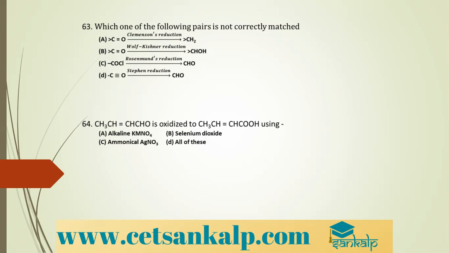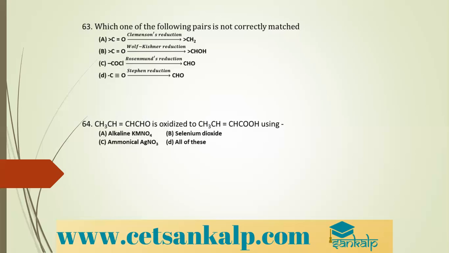Wolff-Kishner reduction, aldehyde or ketone subjected to Wolff-Kishner's reduction, I hope you remember the reagents used there: hydrazine, KOH, and ethylene glycol. What do we get? We get an alkane. So Clemmensen's reduction and Wolff-Kishner reduction are both reactions where a carbonyl compound, an aldehyde or a ketone, is converted to an alkane.